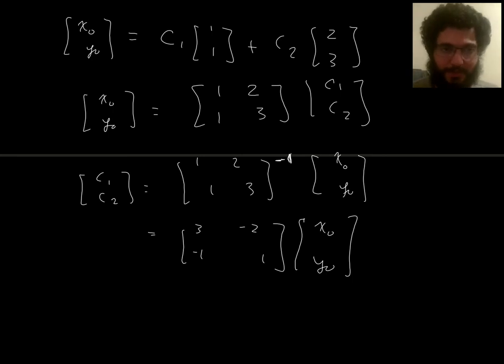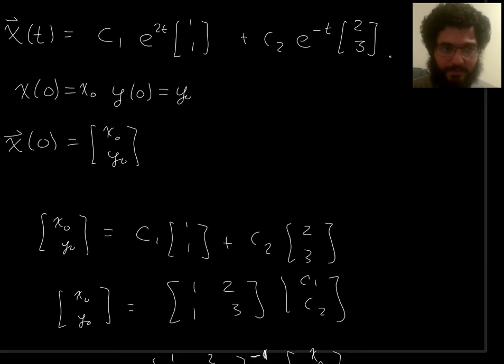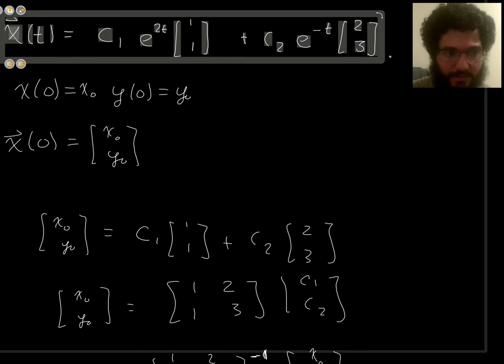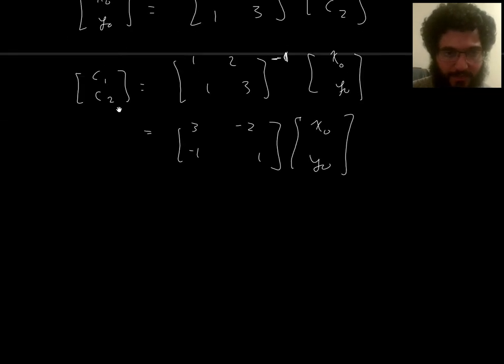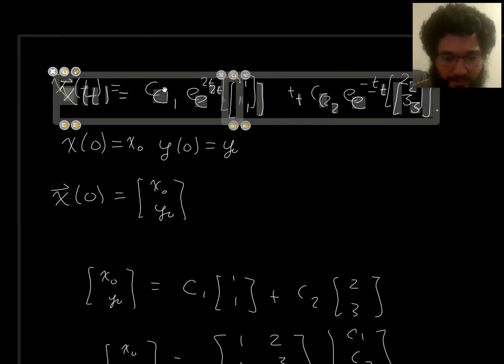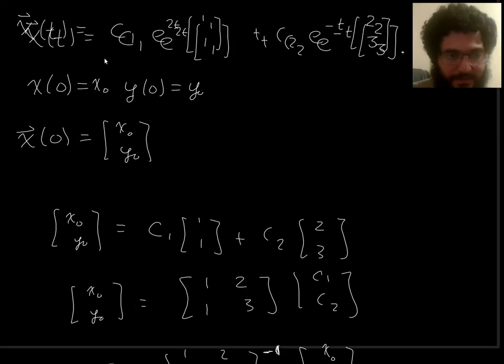So here's a much more useful way of actually writing the general solution. So let me go back, grab this general solution that I had. Let me copy that. It pastes it in the wrong place.